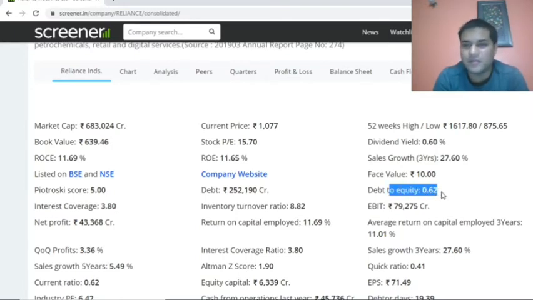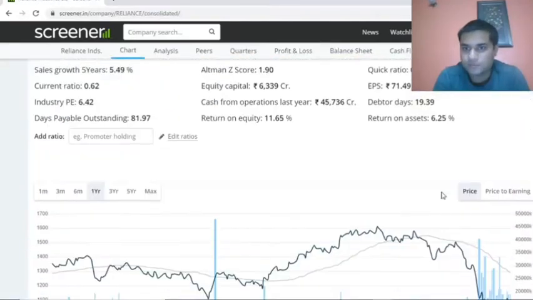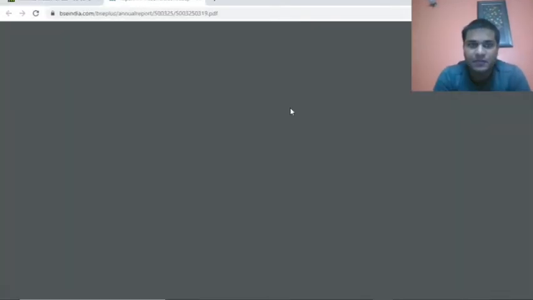It may vary from website to website because some consider some part more in the numerator or some part less in the denominator. But to get the exact value, the way I calculate this personally, let's go to the annual report.